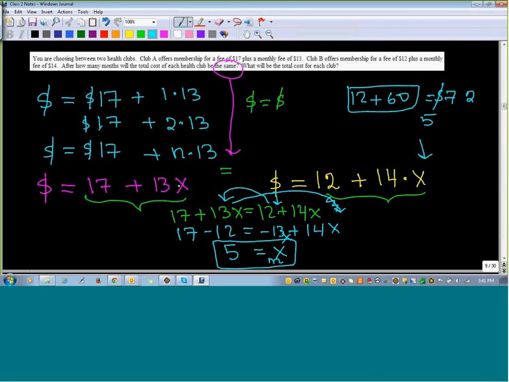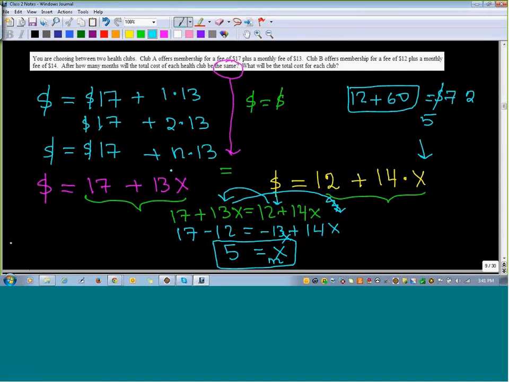Because 10 times 5 is 50, 5 times 4 is 20, and 50 and 20 is 70. So that's 82. Same thing: 5 times 13 is 65, and 65 plus 17 is 82. So it doesn't matter which one you get. $82 after 5 months. Okay.